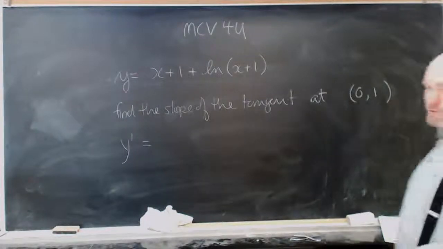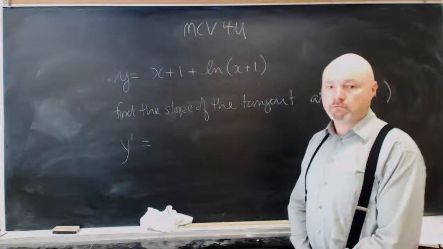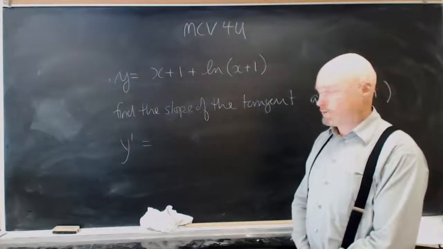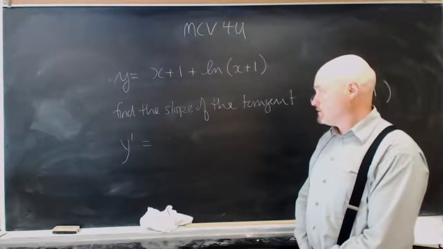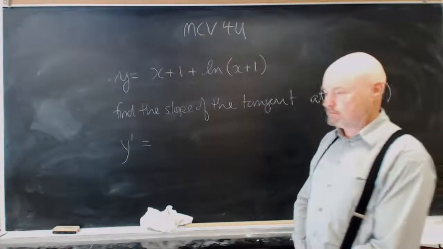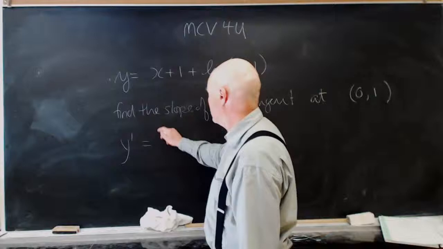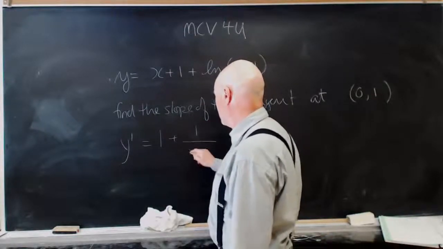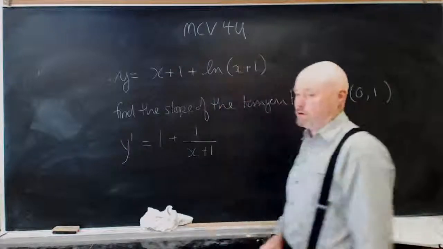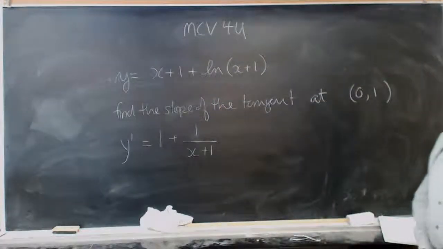All right, what'd you get for the derivative, RJ? No, I'm not sure. Haven't got to it yet? Luke, what do you get for the derivative there? 1 plus 1 over x plus 1. Yeah, that's right.